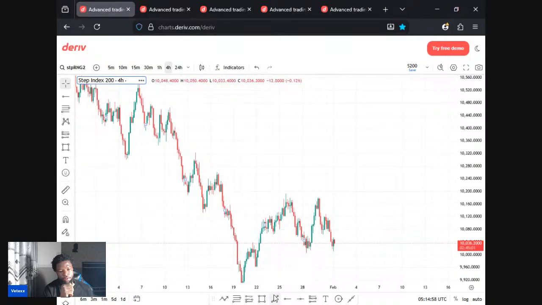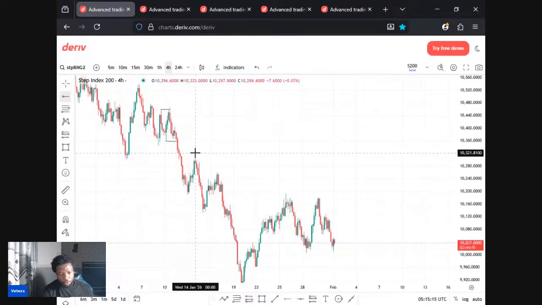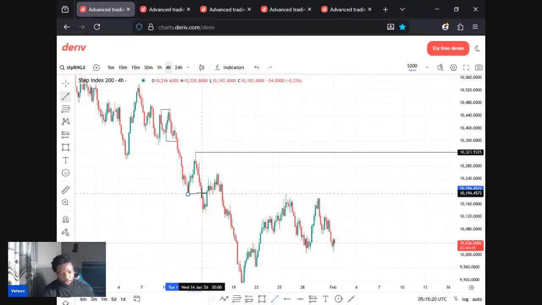Okay, first of all, we have our sweep. We have our first break of structure. We have price retrace 50% to give us this structural liquidity that needs to be taken out, and then price retraces back to give us the second break of structure, and then this is our protected high.